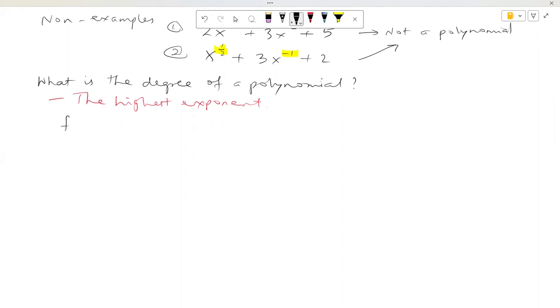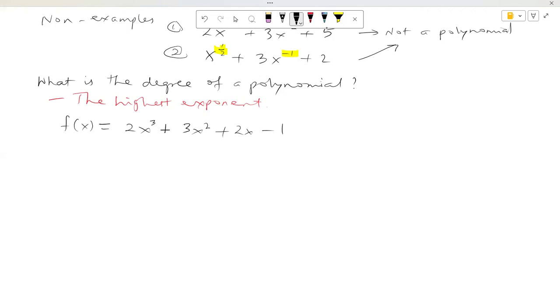If I give you the function f of x is equal to 2x cubed plus 3x squared plus 2x minus 1, and I ask you, what is the degree of this?